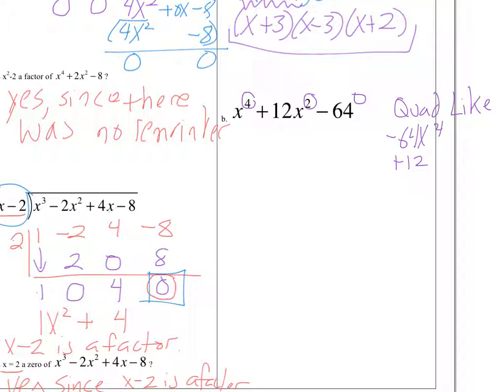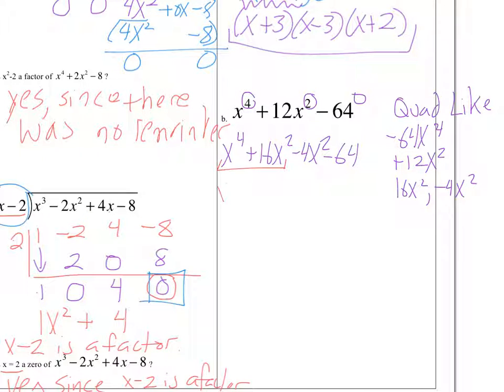Two things that multiply to negative 64 x to the 4th and add up to 12x squared. That's going to end up being positive 16x squared and negative 4x squared. Okay, so we've got x to the 4th plus 16x squared minus 4x squared minus 64.